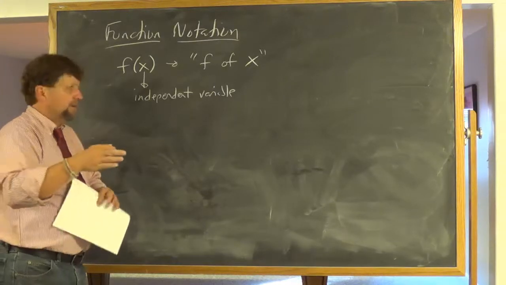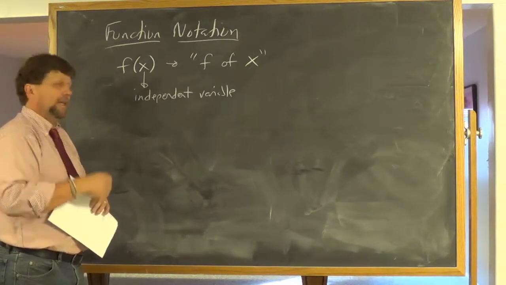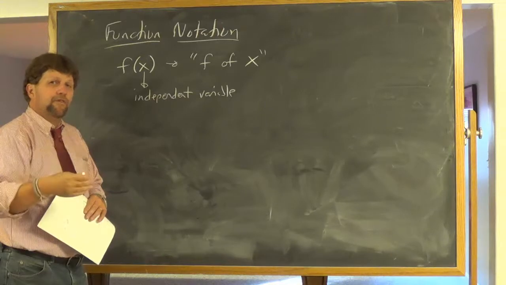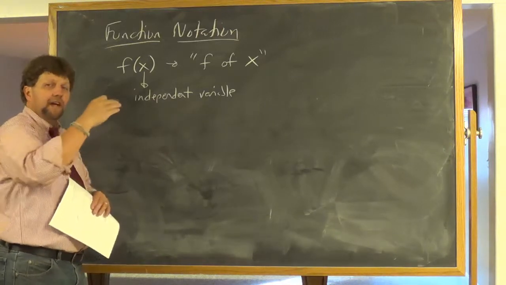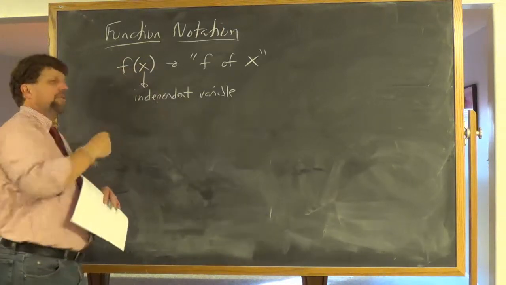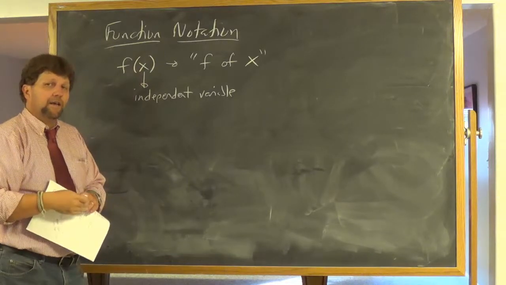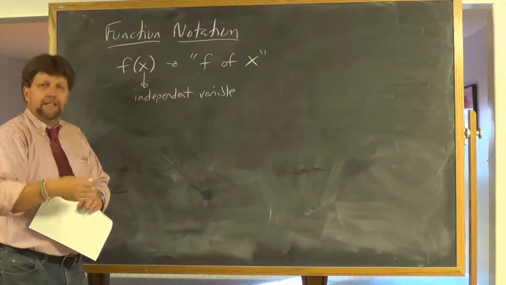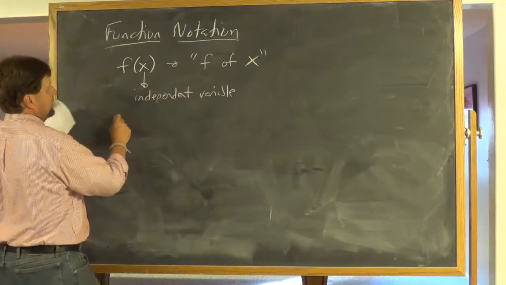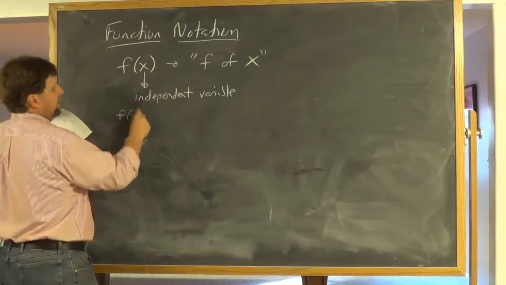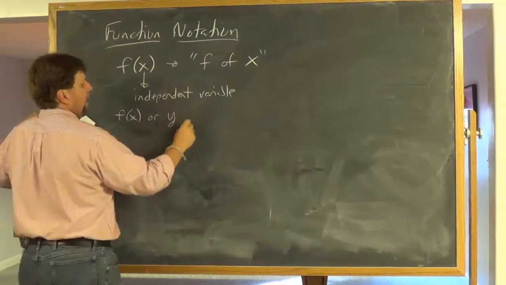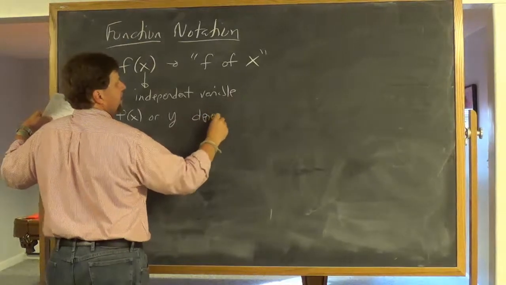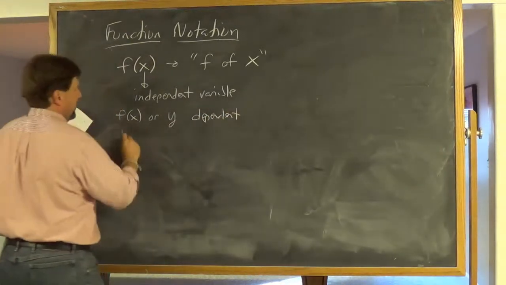Now I'll tell you something here real quick. It's okay for you to think that f of x represents the variable y. That is the dependent variable. So f of x, or y, is the dependent variable.